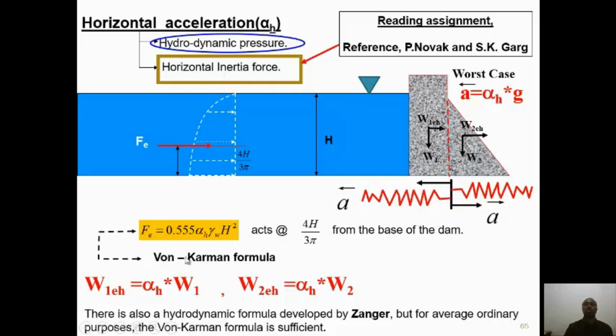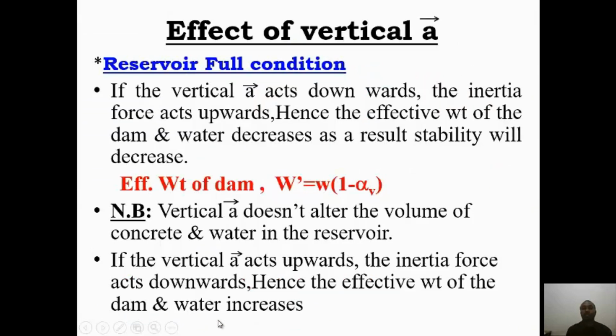This is alpha H times W1, and W2 EH is alpha H times W2. If you have W3, similarly alpha H times W3. This is also a hydrodynamic formula developed by Zanger, but for an average ordinary purpose, the Von Karman equation is sufficient.